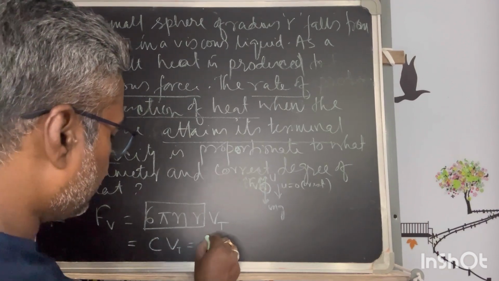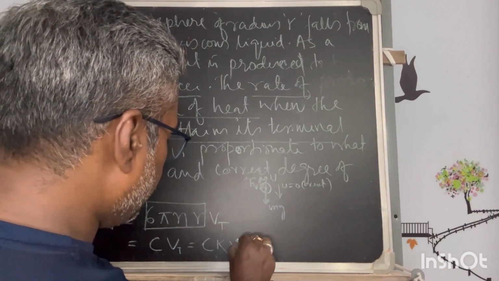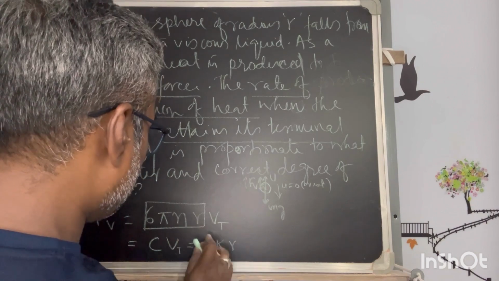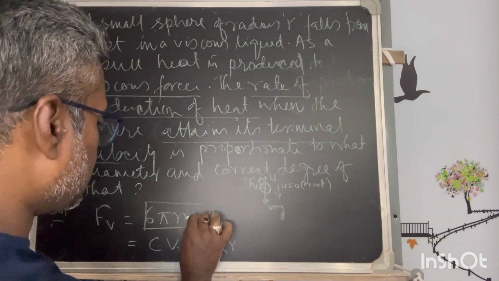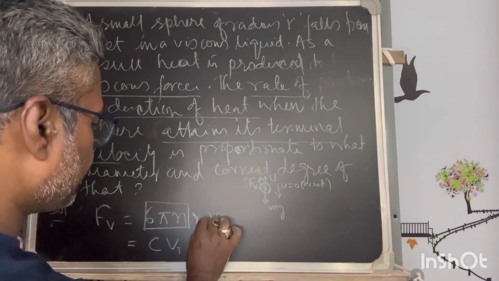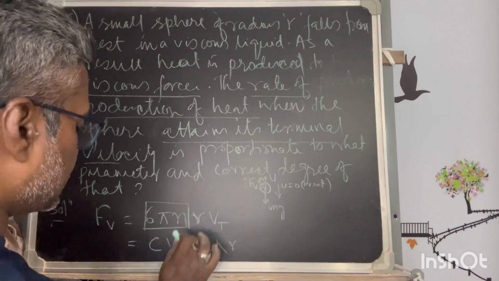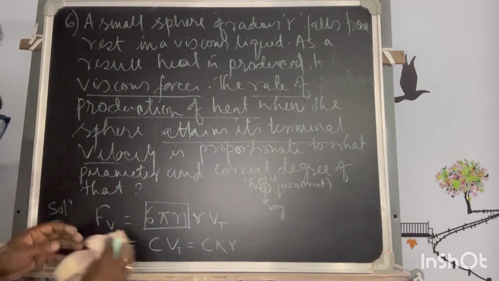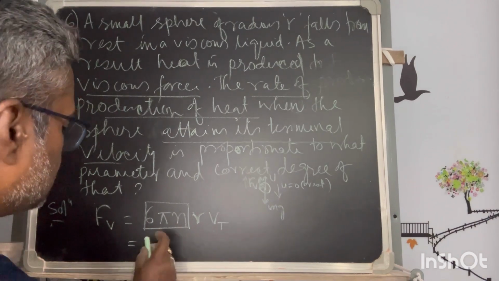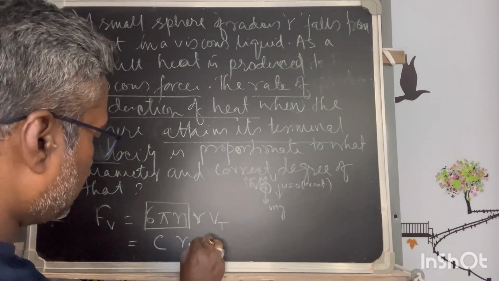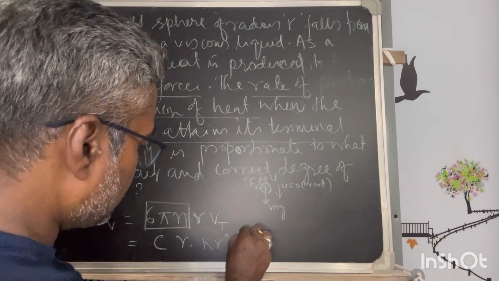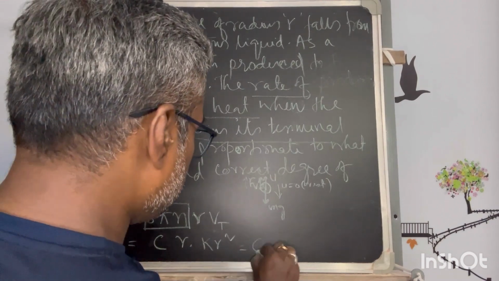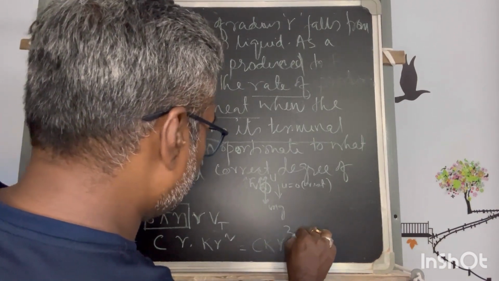Now r can vary with the shape and size, so it is not constant. So along with C, this will be C into r into k into r square. So this is Ck into r cube.